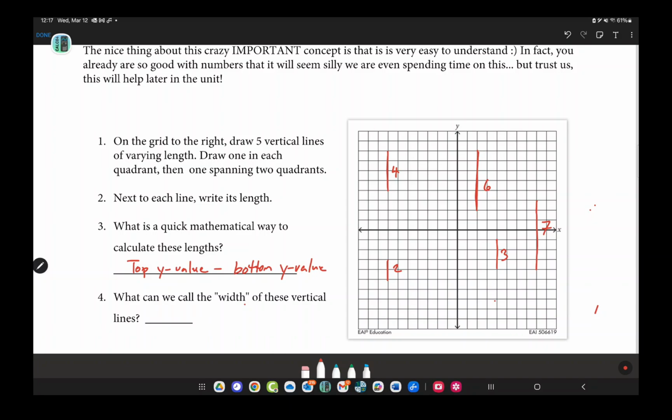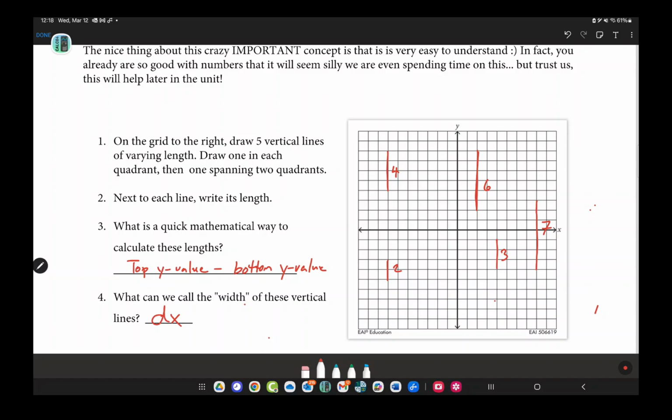What can we call the width of these vertical lines? Well, they have a width, don't they? Yes. dx. Right?